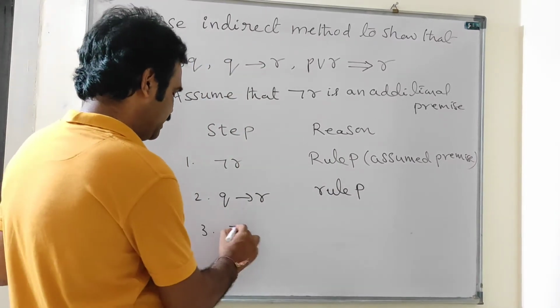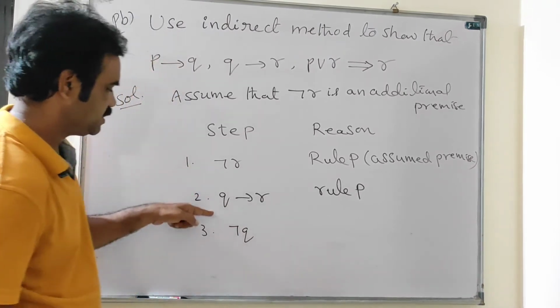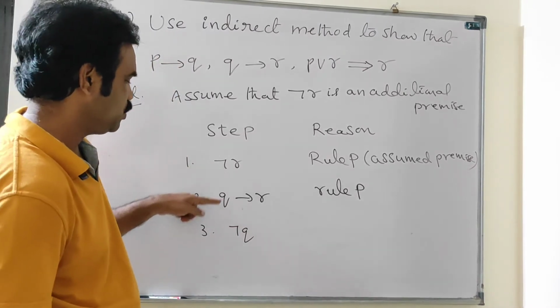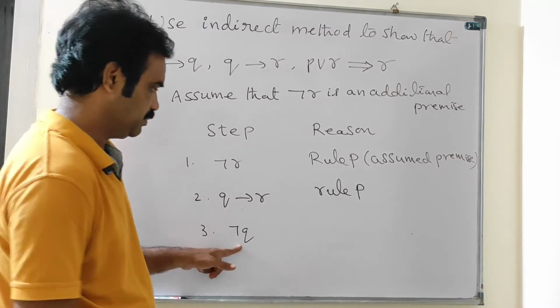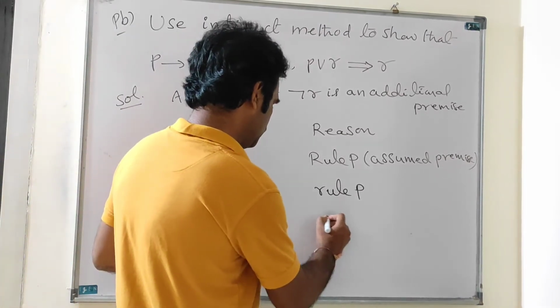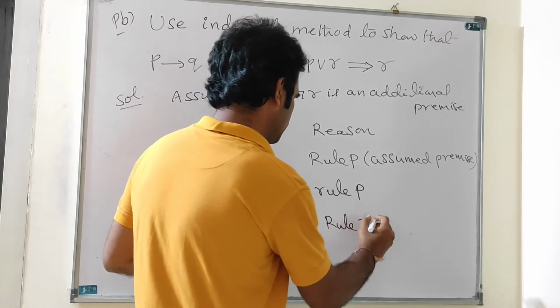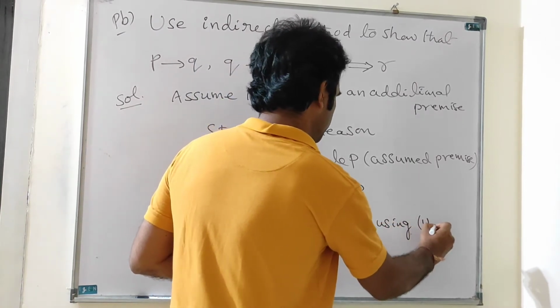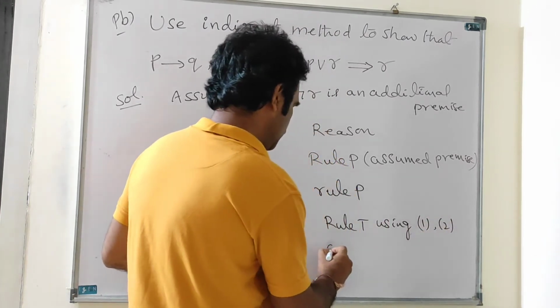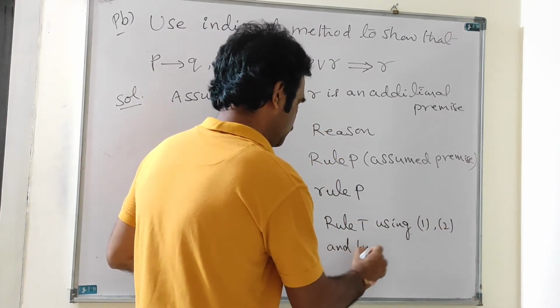Next, from this we get negation Q. From the first and second steps, negation R and Q implies R imply negation Q. This is by modus tollens. Rule T using 1 and 2 and by modus tollens.